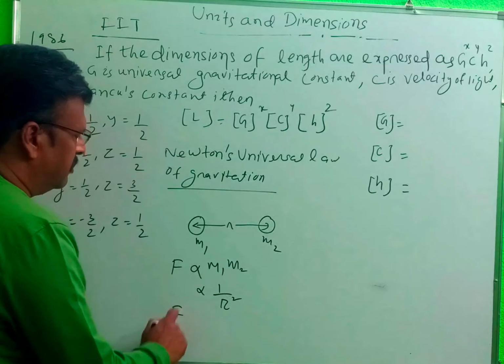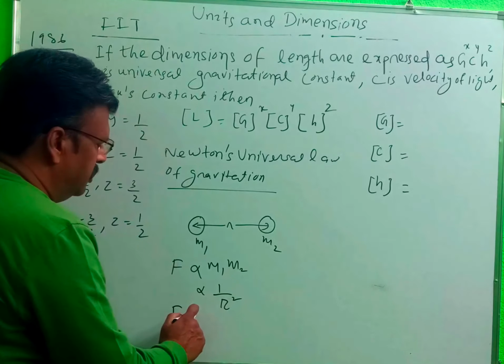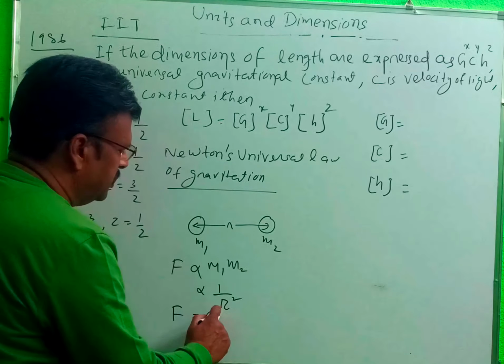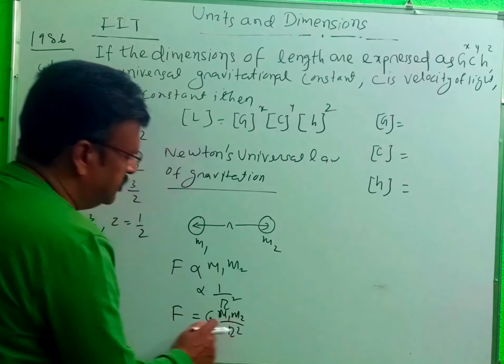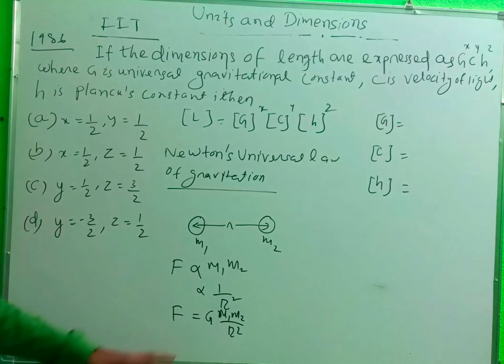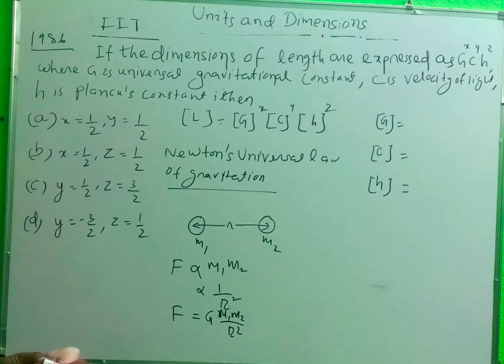So the attractive gravitational force with which each body will attract each other will be equal to G m1 m2 by r square, where G is the proportionality constant, and this constant is called Newton's universal gravitational constant, students.